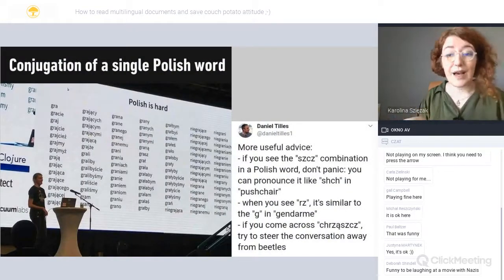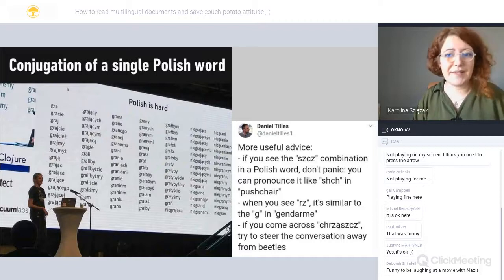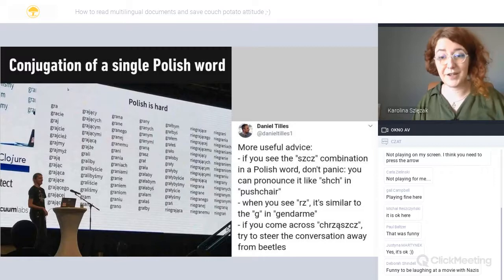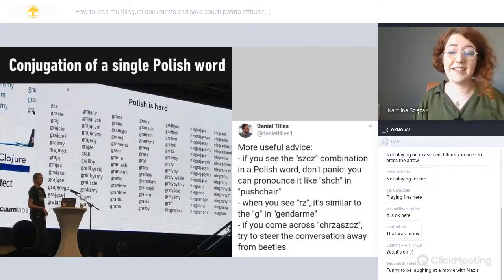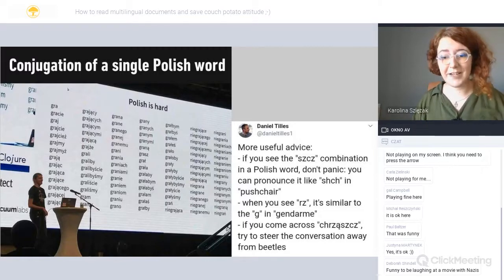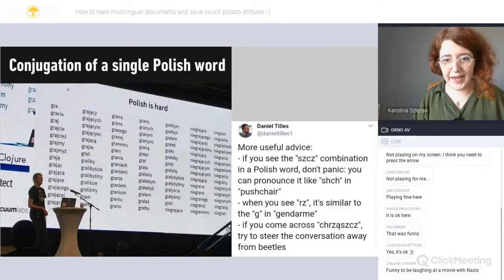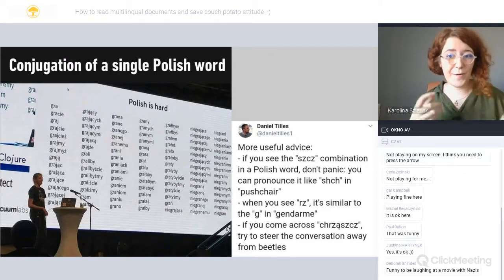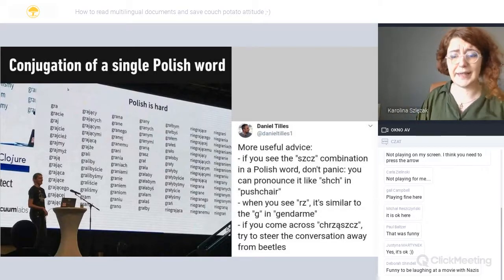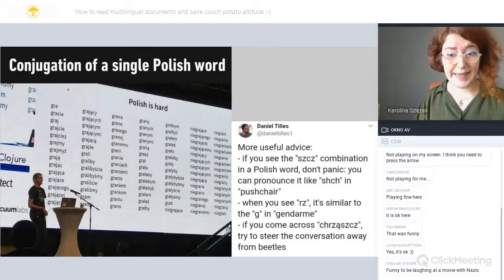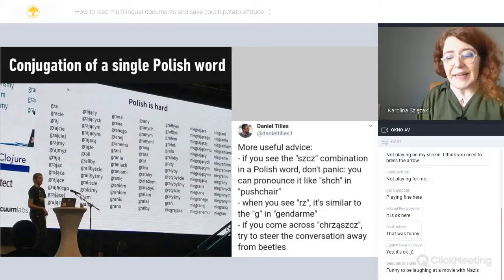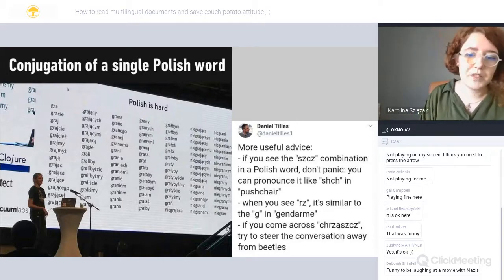The thing that is a little bit scary when we start thinking about learning the Polish language is that there are many various ways to conjugate or decline the words in Polish, and also there are diacritic signs, so it looks a little bit scary.